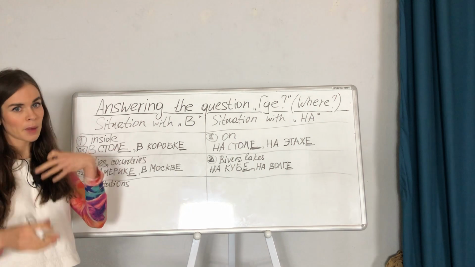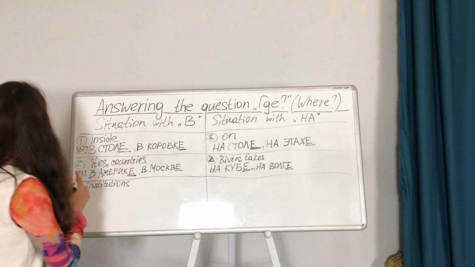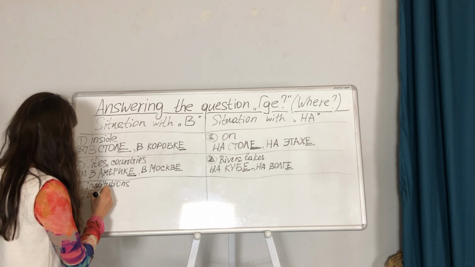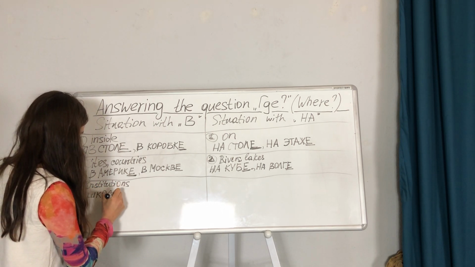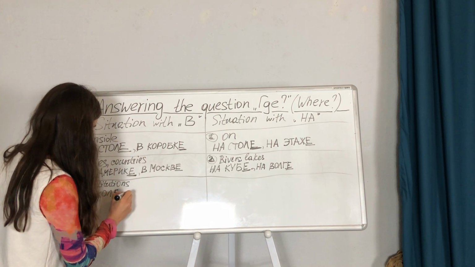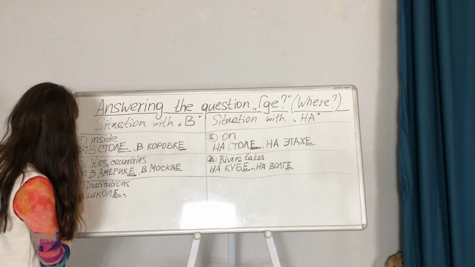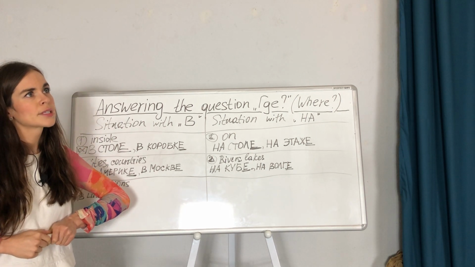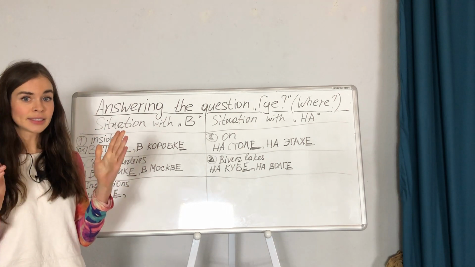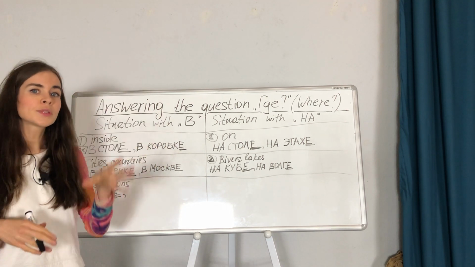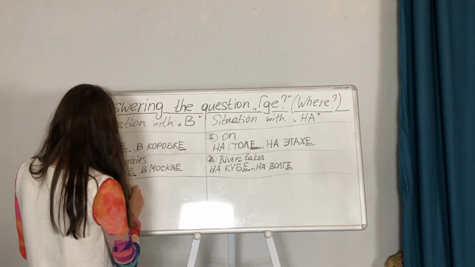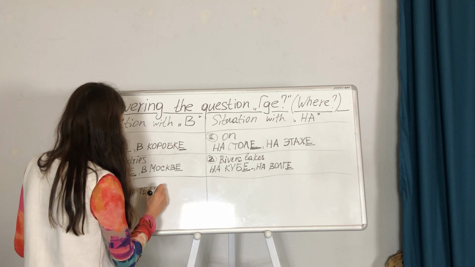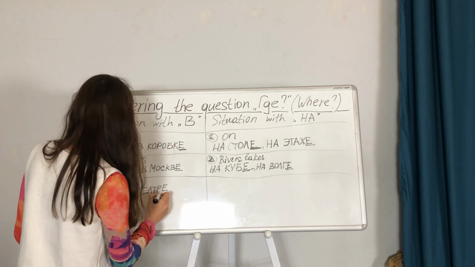It ends with a vowel, so we just change а to е: в школе. And for example, в театре. Театр ends with a consonant, so we put an extra е: в театре.